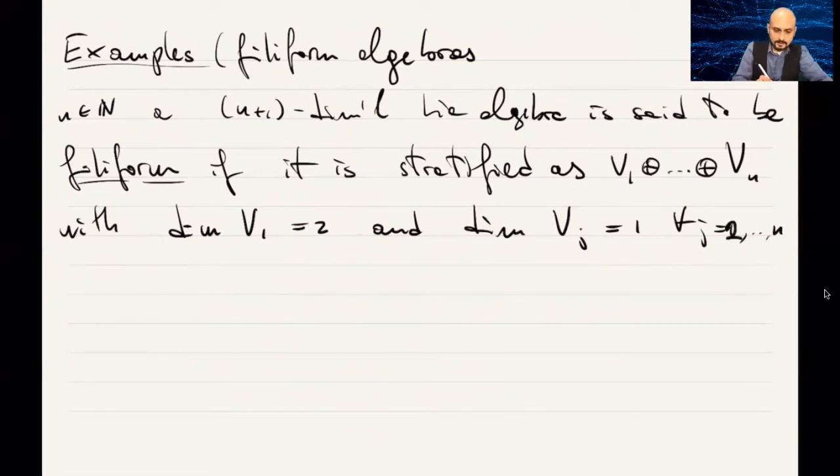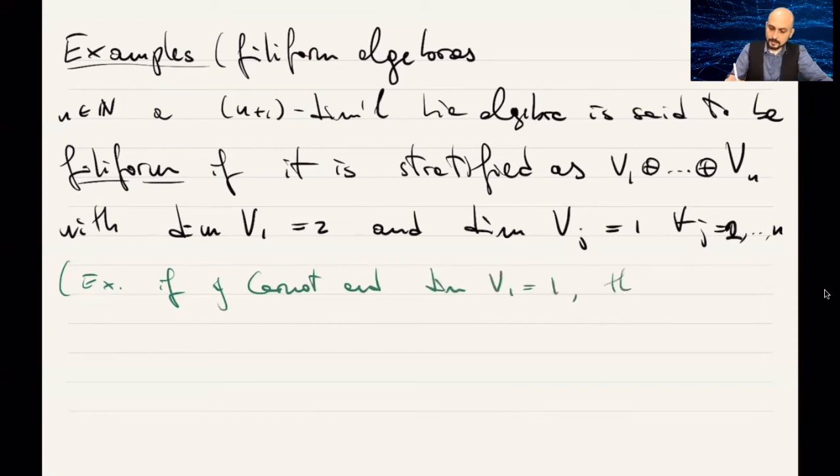An exercise. If G is Carnot and the dimension of V1 is equal to 1, then G is just R. So for V1, apart from this trivial case, the minimum dimension is 2.